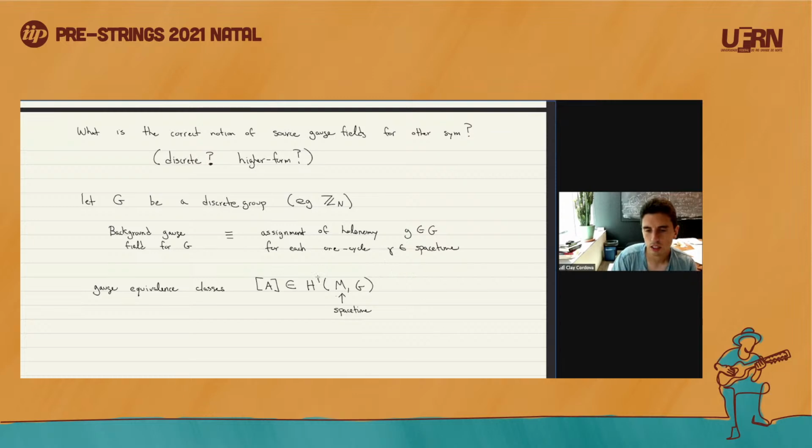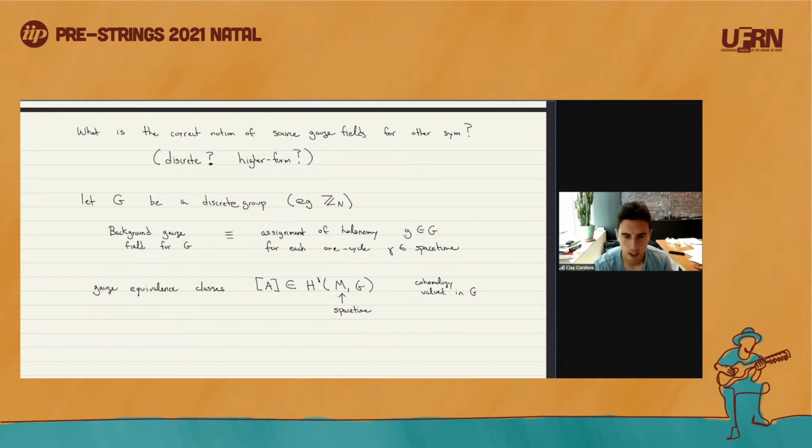This is the first cohomology, this is cohomology valued in G. So what does it mean? A cohomology class is something that eats a one cycle, one because this is a superscript one, so it eats a gamma and gives us out an element of G.